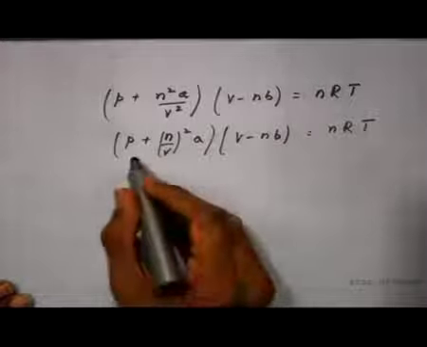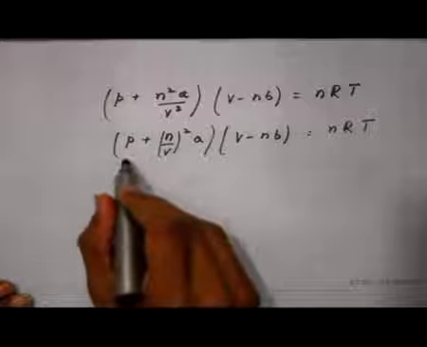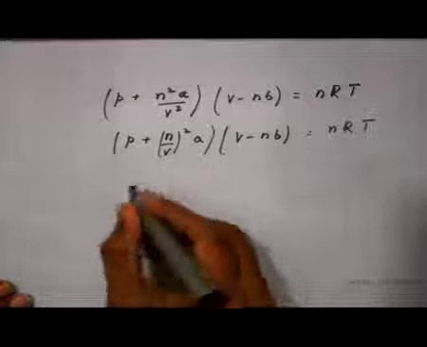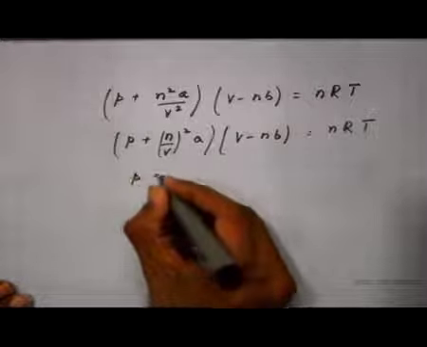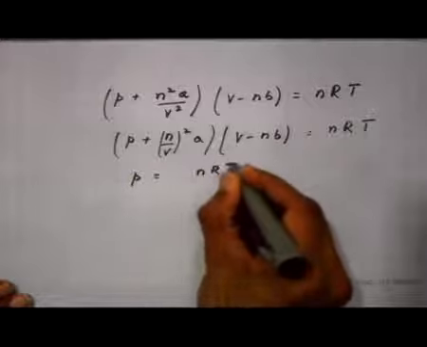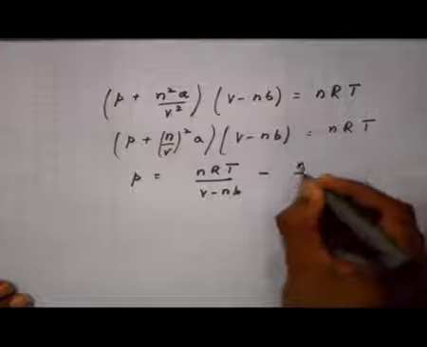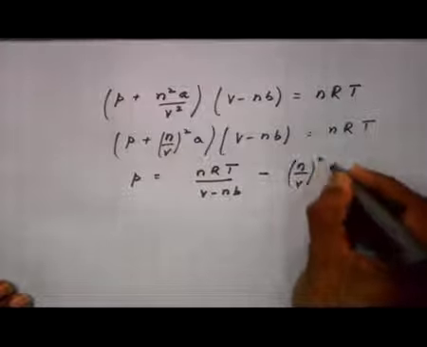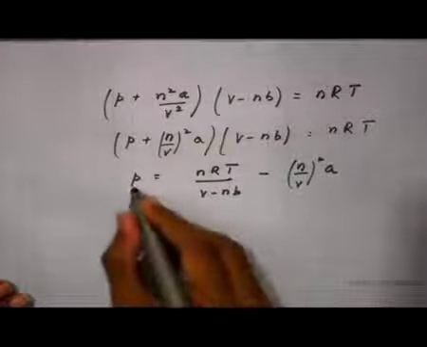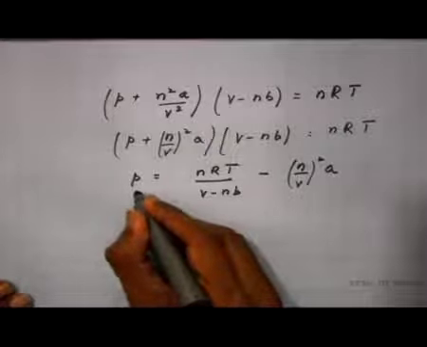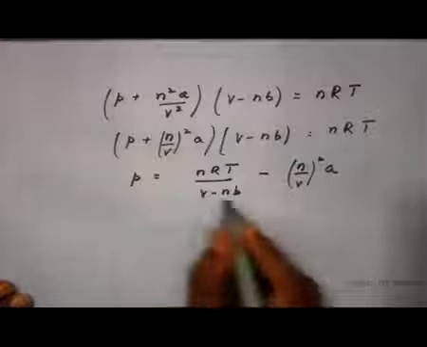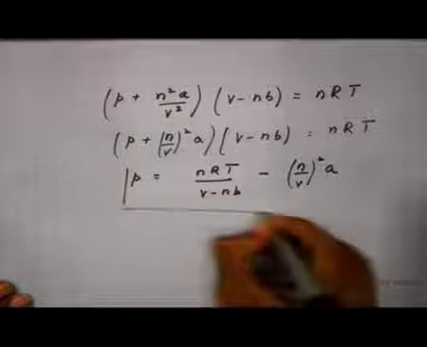Now, computing the pressure from the van der Waals equation of state is straightforward enough, because you just have to say P is equal to nRT over V minus nB minus n over V square times A. So, you can compute the true pressure from the van der Waals equation of state by this.